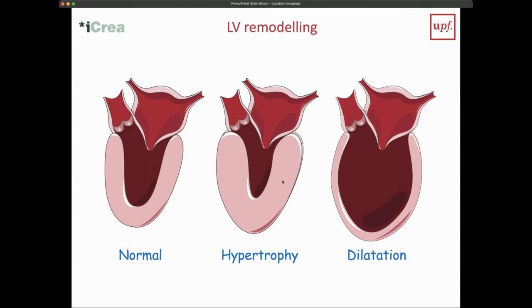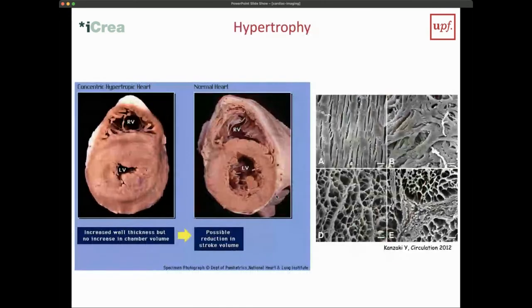So being able to measure and image the thicknesses of the wall and the size and the shape of the ventricles is relevant in order to describe the remodeling that is going on with certain disease processes. And here is an example of this hypertrophy. You see this is a normal heart, as I said before, a left ventricle and a thinner right ventricle.